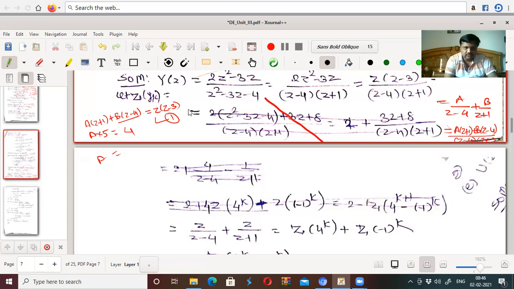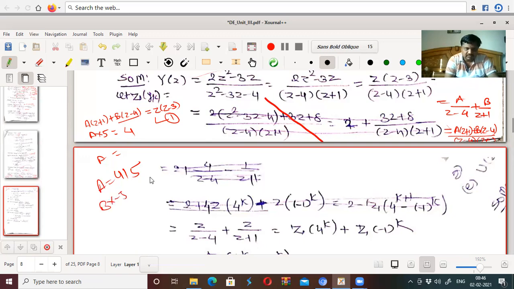Put z equal to 4. What can we obtain? 4 plus 1, 5. So a is equal to 4 upon 5. Now put z equal to minus 1. You will get b into minus 5 equal to minus 1 into minus 4, it becomes minus 4. So b is also equal to plus 4 by 5.